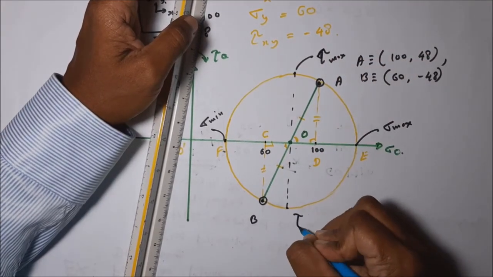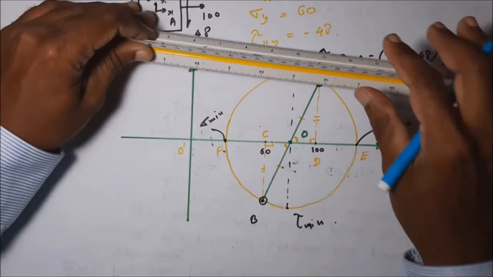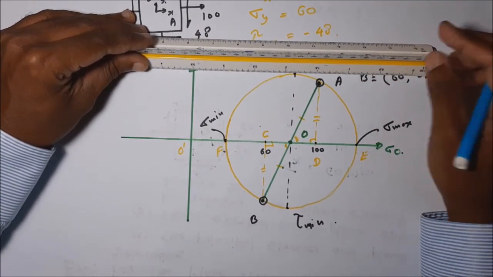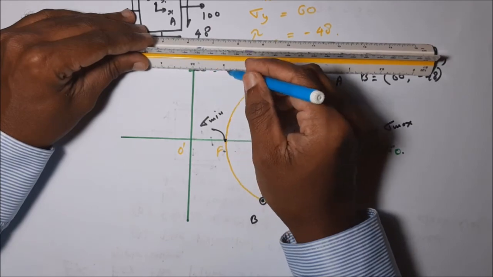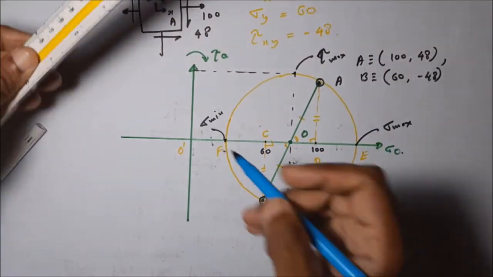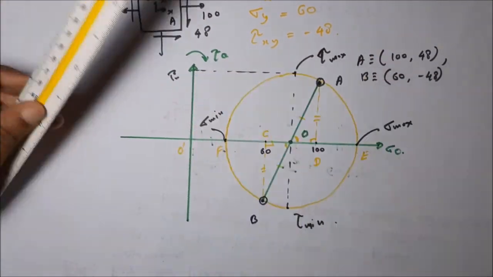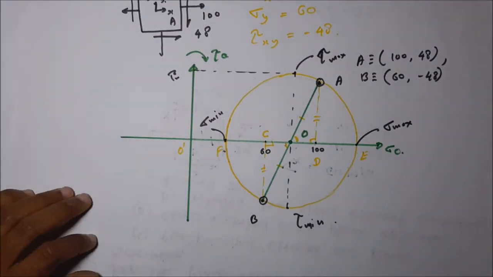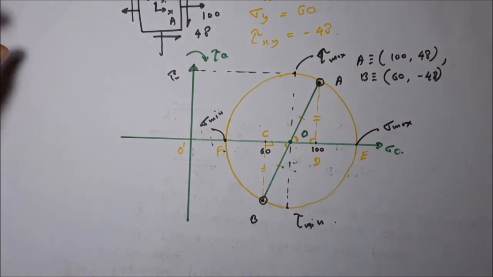This is the tau minimum. Here we have successfully completed the drawing of the Mohr circle diagram.